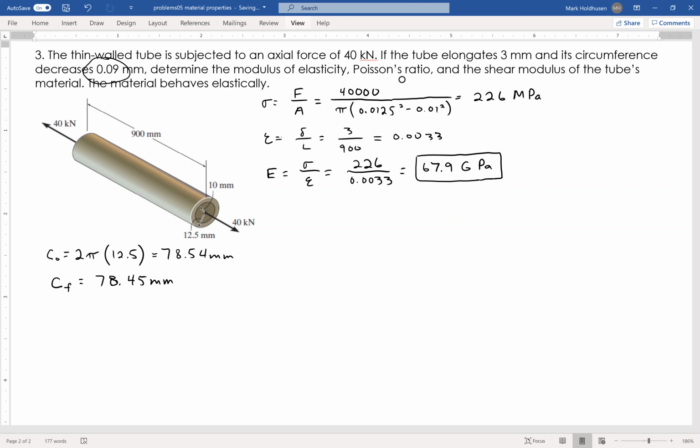Okay, so that means the radius: 78.45 equals 2 pi times my final radius. My final radius is then 12.486.